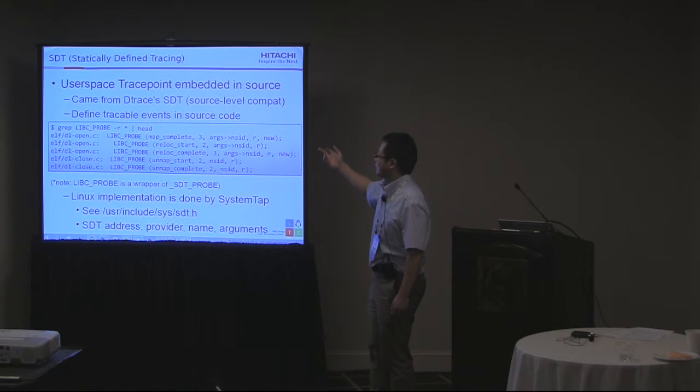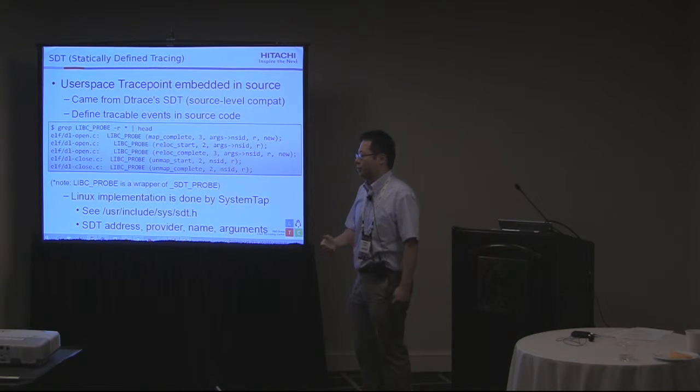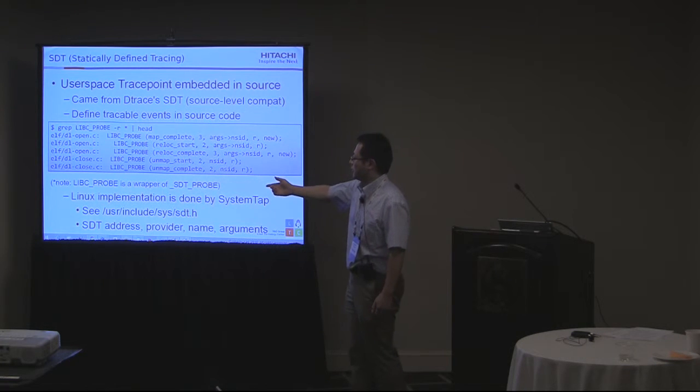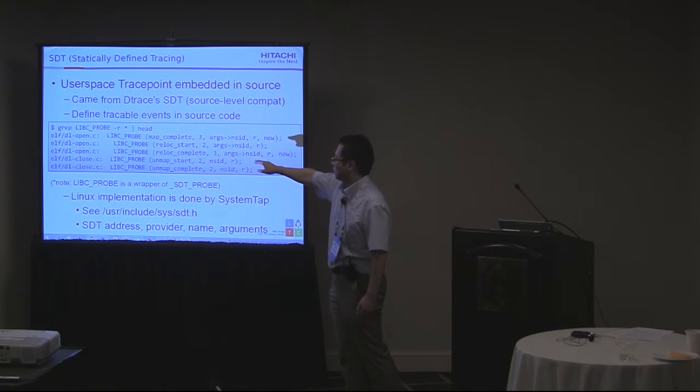Nowadays, the system provides a source level compatible header file for SDT, so that you can use SDT probes inside your source code. Actually, glibc already supports this feature as a libc probe macro.